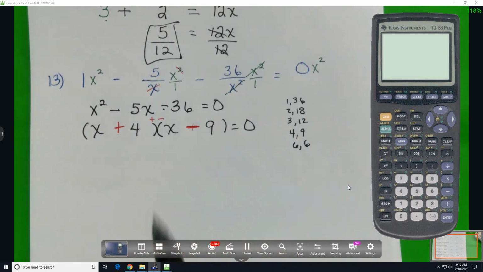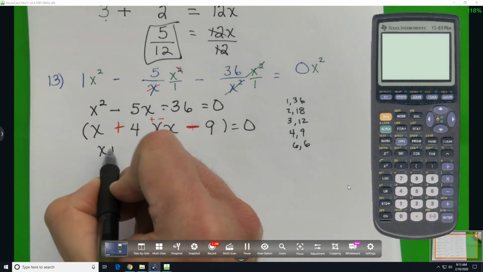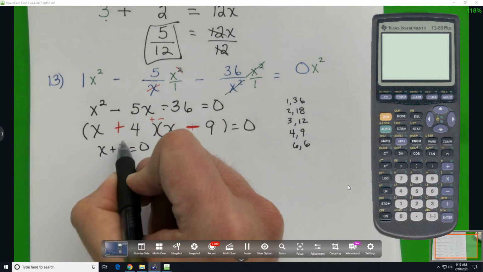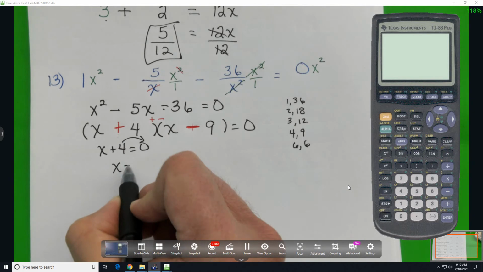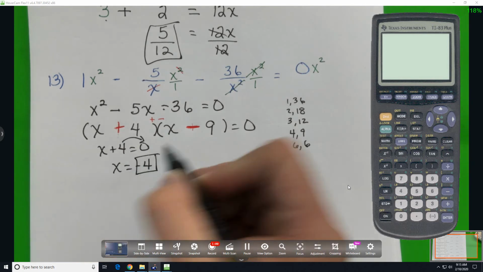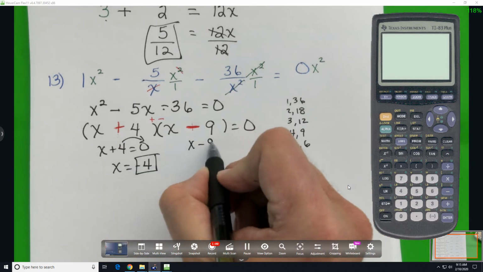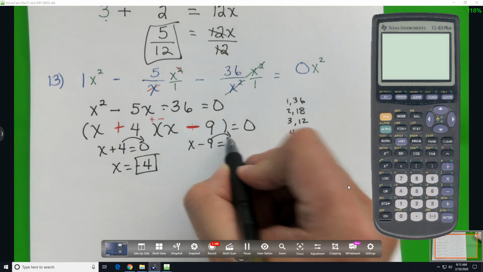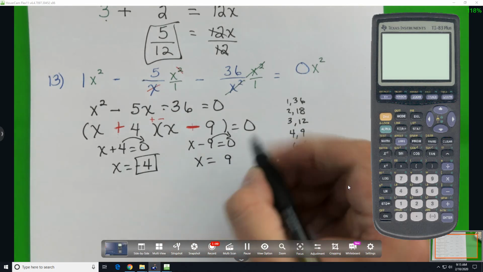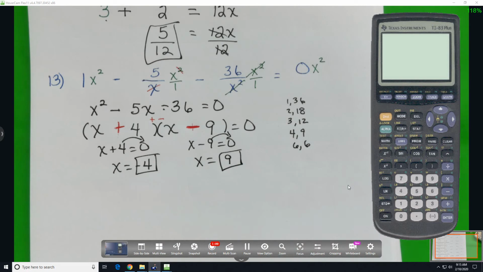Setting each one of these to 0. That's when we get a negative 4 and a positive 9. That's what I meant by you were ahead of me. No, a negative 4 and a positive 9.